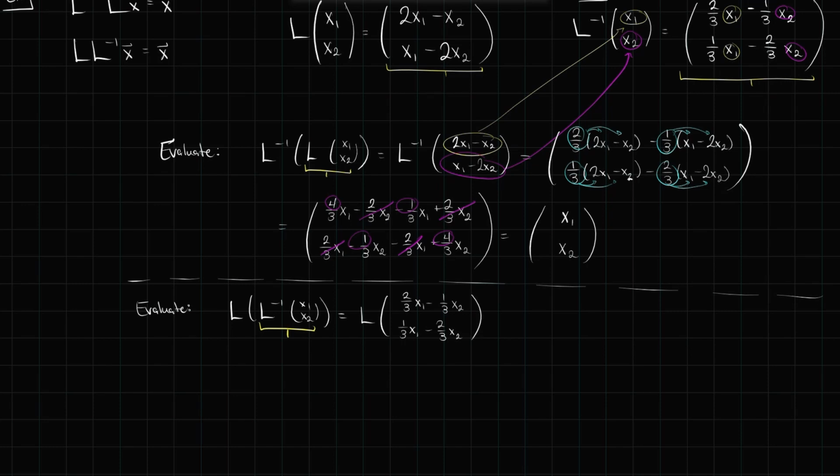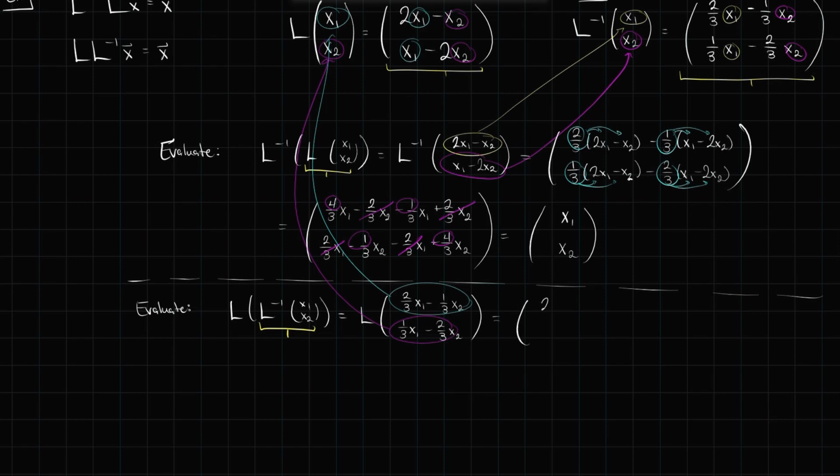At this point, I know that the first entry is behaving as x1 inside of L, so every x1 is going to be the first entry, and the second entry is behaving as x2 inside of L. So I replace every x2 with the second entry.